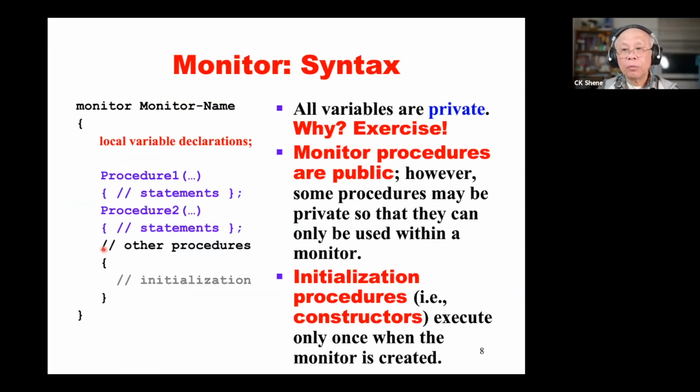Then we will write several examples in the next few lectures. So let's agree upon the syntax here. This syntax is, of course, not corresponding to any existing programming language. So here, we write it in a C or C++ like syntax. We start with monitor, followed by a name we assign to the monitor.